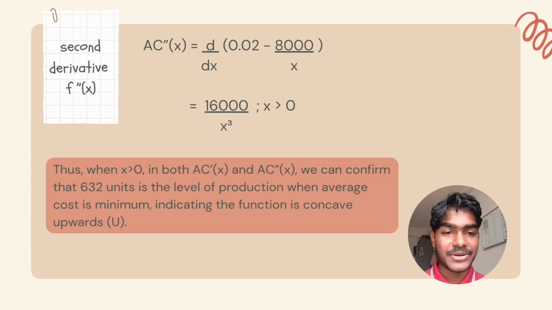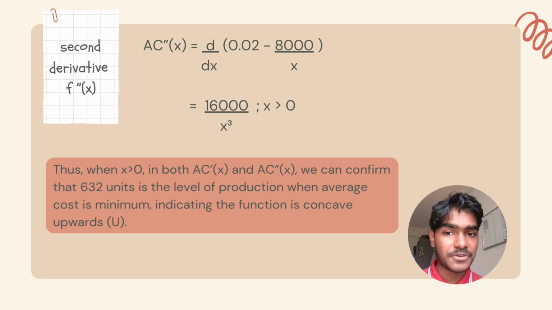It doesn't end there. We have found the function of average cost, the first derivative, and the level of production when average cost is minimum. So to double check or confirm, we have to find the second derivative of the average cost function by differentiating the first derivative of the average cost function. So we will get 16,000 per x cubed, and x is more than 0.